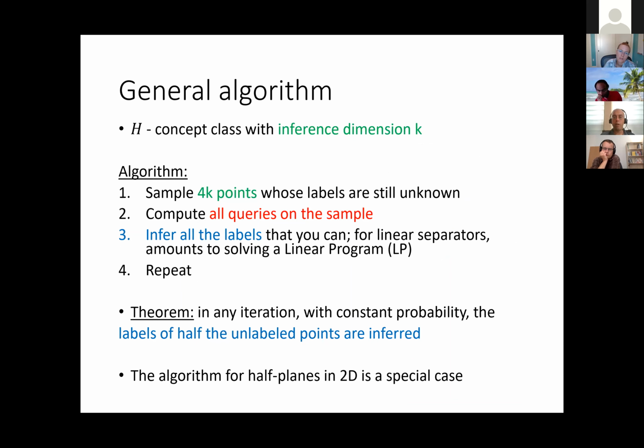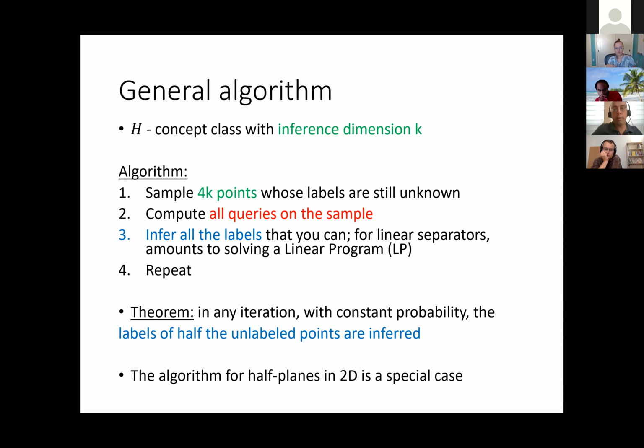And you can see that for linear separators, so linear half spaces, this is basically solving a linear program. So you can do it efficiently, and you just do it for all the points, you infer the labels, and just repeat. You remove at every iteration all the points whose label you inferred, and then just repeat this process.